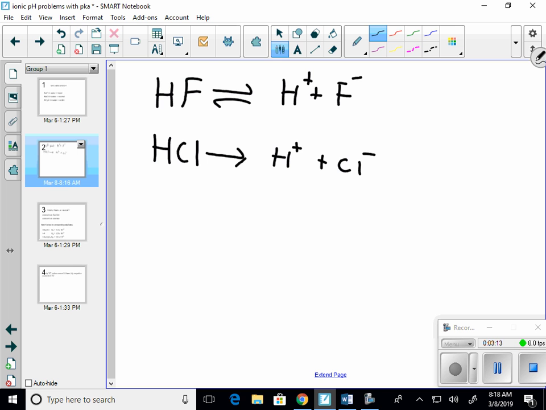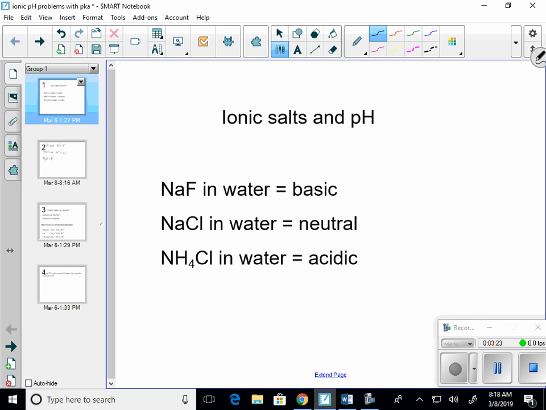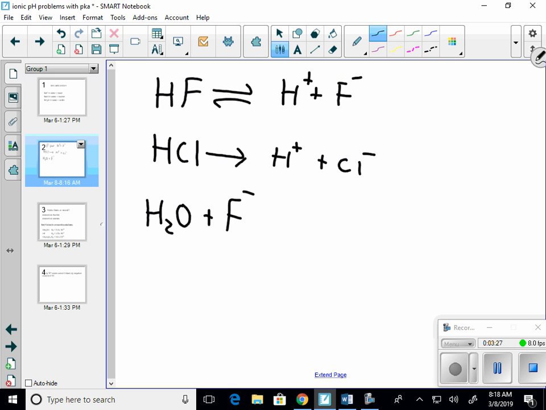And what I mean by that is if we now have things dissolved in water. For example, in sodium fluoride, I have the fluoride ion dissolved in water. Since fluoride is the conjugate of a weak acid, the reverse can happen, meaning that this can react with water to reform that.